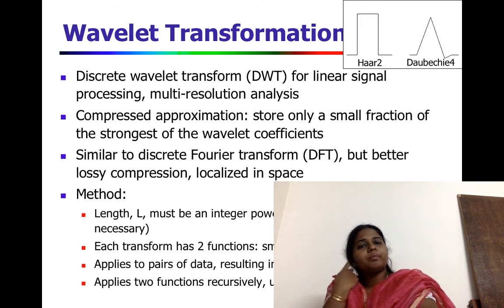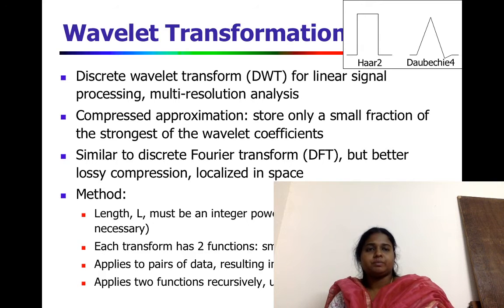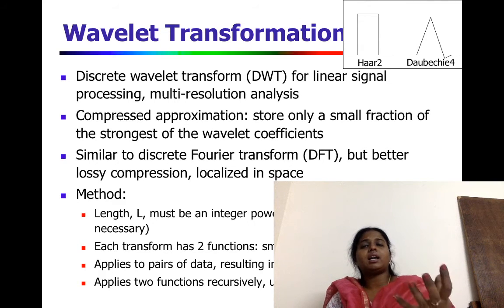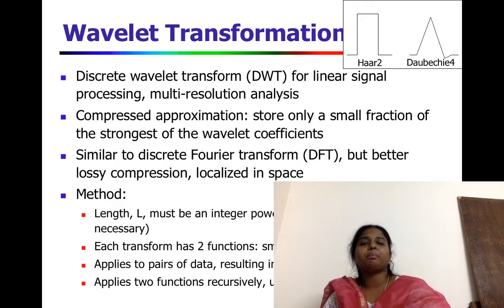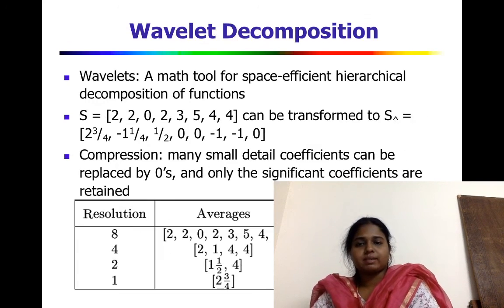There are two common wavelet transforms that are used. The first one, shown on top, is called the Haar wavelet, and the second one is called the Daubechies wavelet. This data is superimposed on our existing data to reveal some aspects.